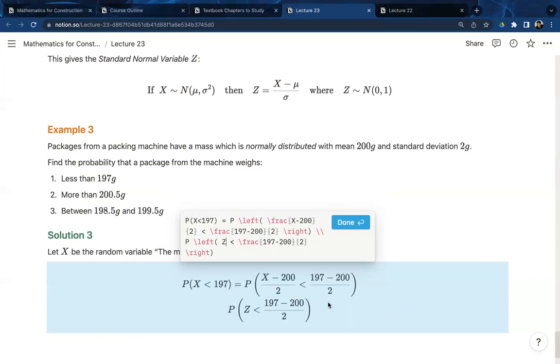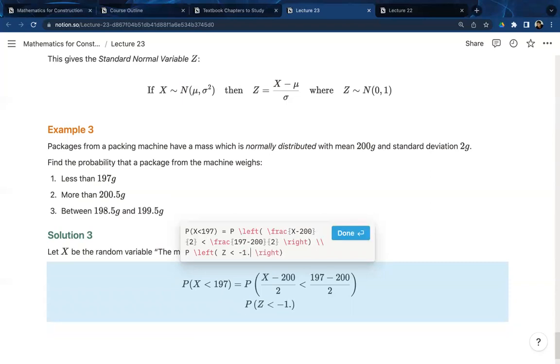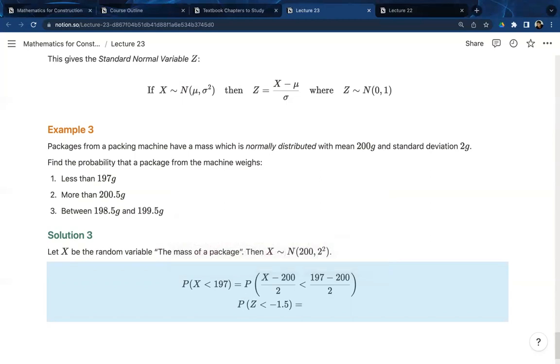Then you divide by 2, so 197 minus 200 over 2 is negative 1.5. So this probability is the probability that Z is less than negative 1.5. That's what we need to find.